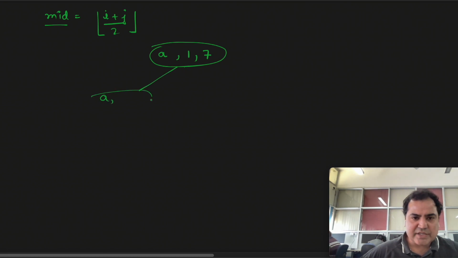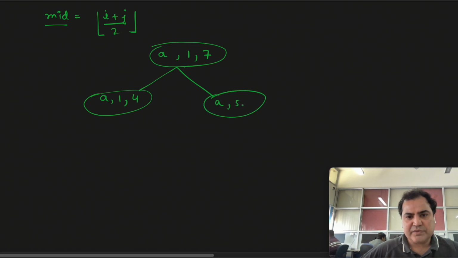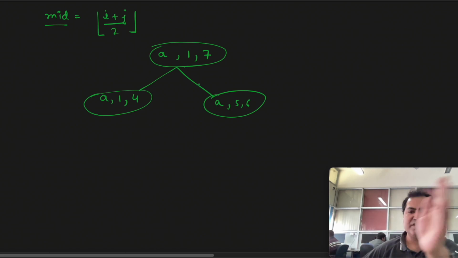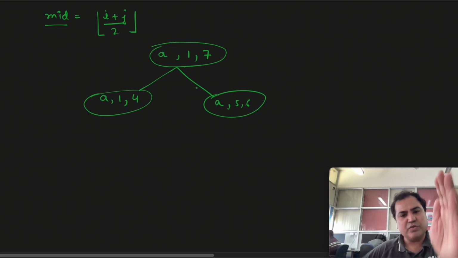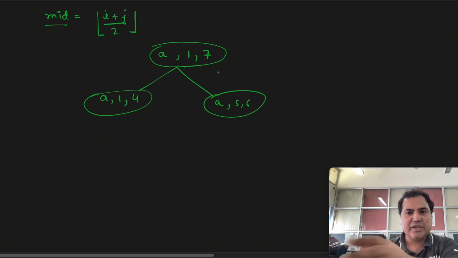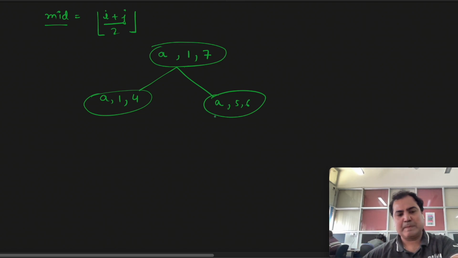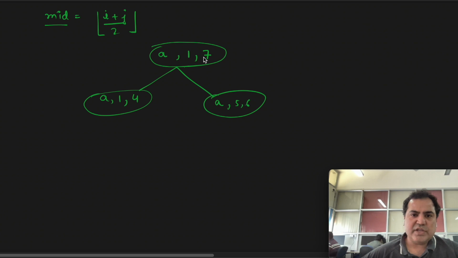So the left part is from 1 to 4, and the right part has the left out elements, the 5th to 7th, right? So from 1 to 7, and then from 1 to 4, and then from 5 to 7.